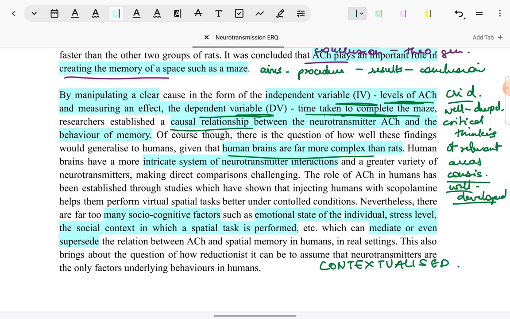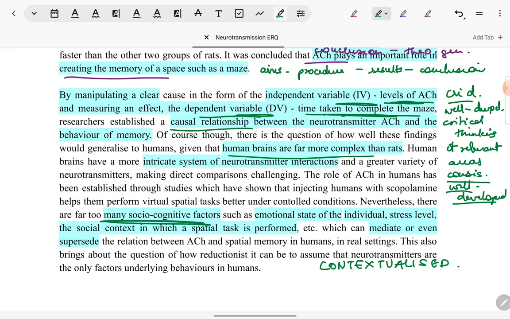A poor answer that would fall for criterion D in the mark band of 1 or 2 or 3 or 4 would be the one which would just evaluate the study and say that because it's been done on animals, it is not generalizable to humans. But a superior answer which falls in the 5 to 6 category is the one which relates this point that generalizability is poor because of use of animals to the larger argument which is being made, and goes in detail to show why this is a problem.